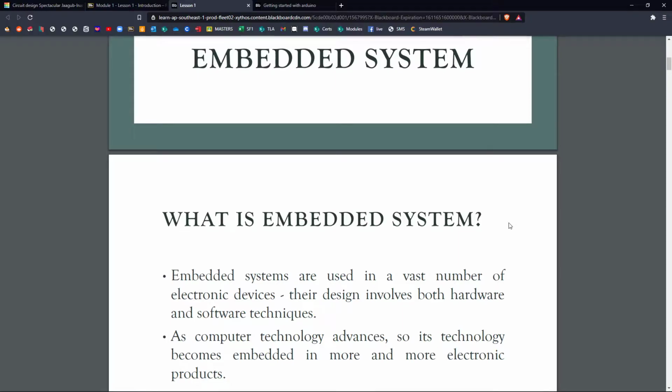For example, TVs nowadays usually have embedded systems, but in the days of the past, it usually just involved knobs to change the frequency. But nowadays, you can even stream Netflix directly via your television.